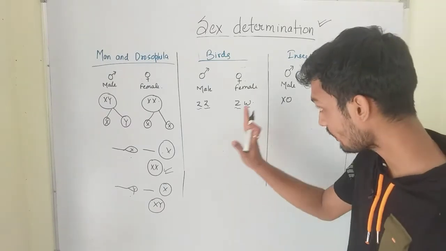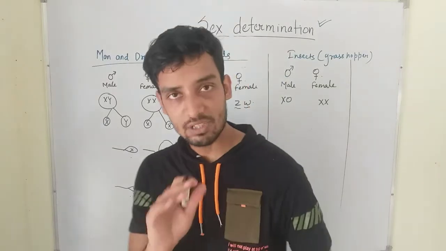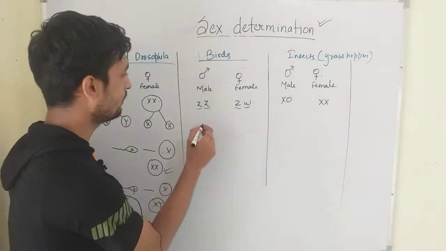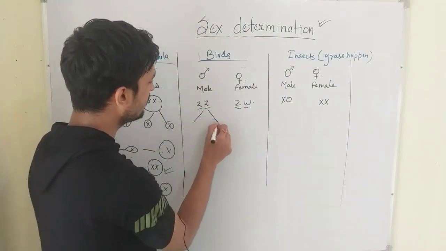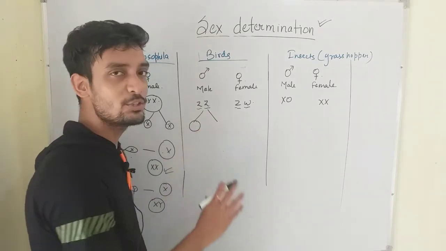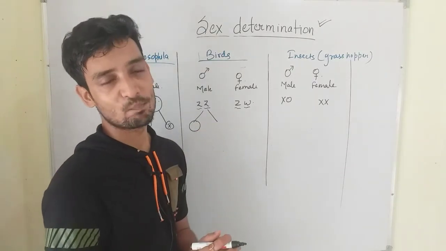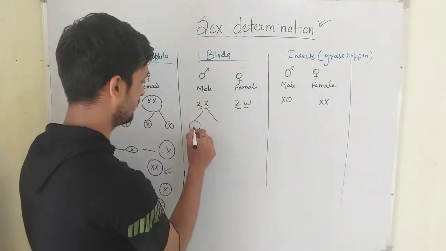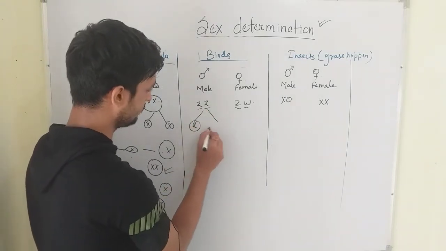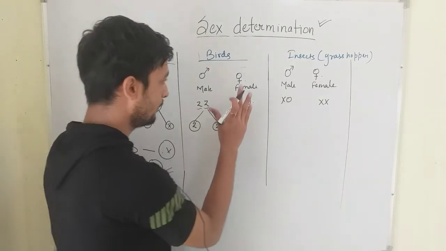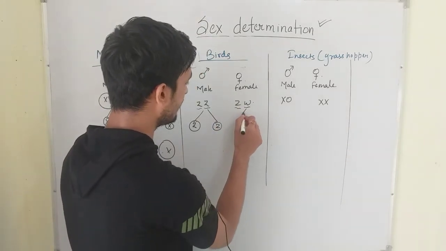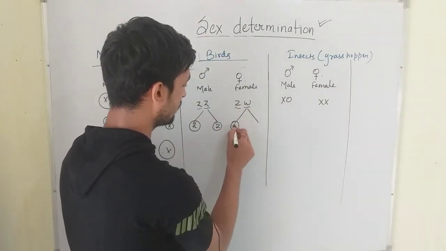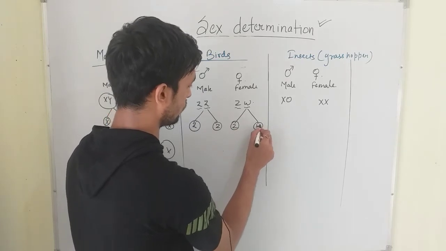So during gamete formation, what will happen? The male will form only sperm containing the Z chromosome, because it has genotype Z and Z. But the female can form either an egg containing the Z chromosome or the W chromosome.